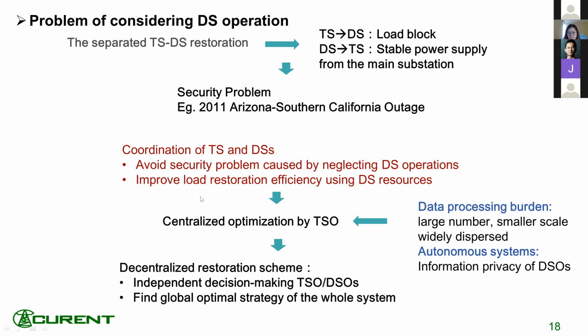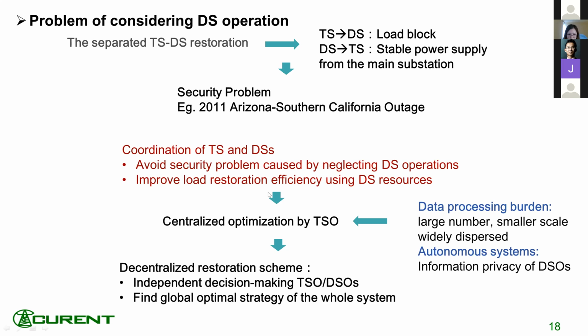Considering this, a direct idea to realize this is that maybe we can build a centralized optimization model that includes both the transmission side and distribution side. However, this may bring some problems like the data processing burden on the distribution system side, and also some information privacy problems of different system operators.